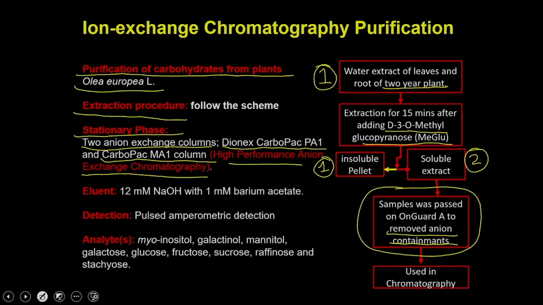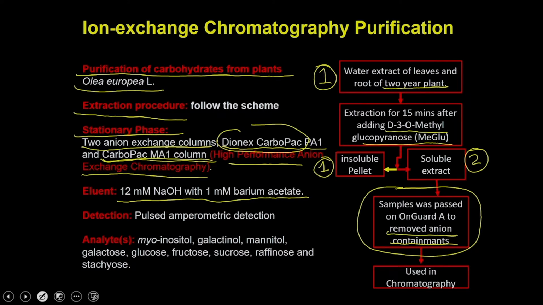First you load the soluble extract, which you have passed through the guard column, onto this column, and then you do the elution with 12 millimolar NaOH containing 1 millimolar barium acetate. Once you get the fractions, those fractions can be loaded onto the next column, and that is how you can fine tune the purification.